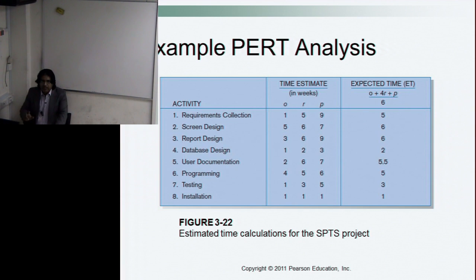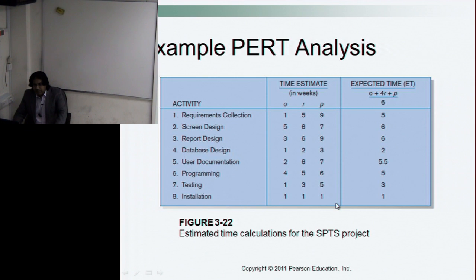So real time, in fact, normally lies somewhere between the pessimistic and optimistic time. Okay, screen design takes 5 weeks being optimistic and 7 weeks being pessimistic. Now these week times are given.